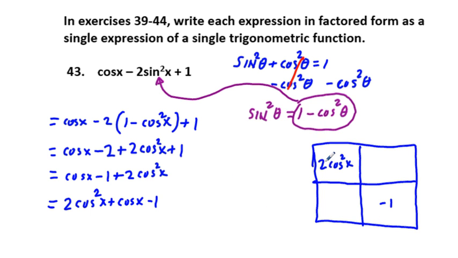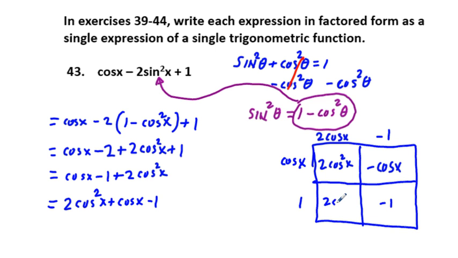So on the top, our factors of 2 cosine squared x are 2 cosine x, and on the top left, we have cosine x. And our factors of negative 1 are going to be negative 1 times 1. So if we put negative 1 here on the top and 1 here on the side, we're going to get negative 1 times cosine x, which is negative cosine x, and 2 cosine x times 1 is going to be 2 cosine x.